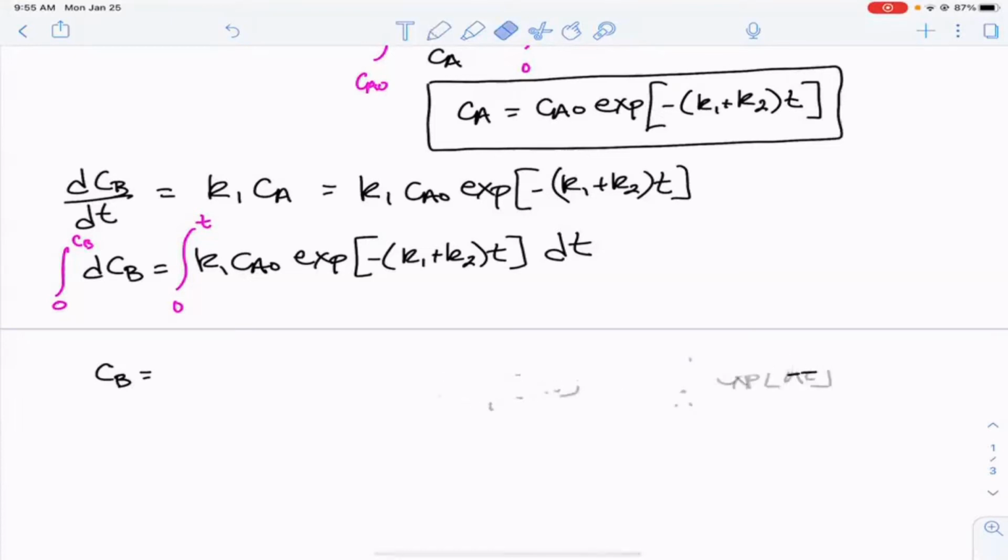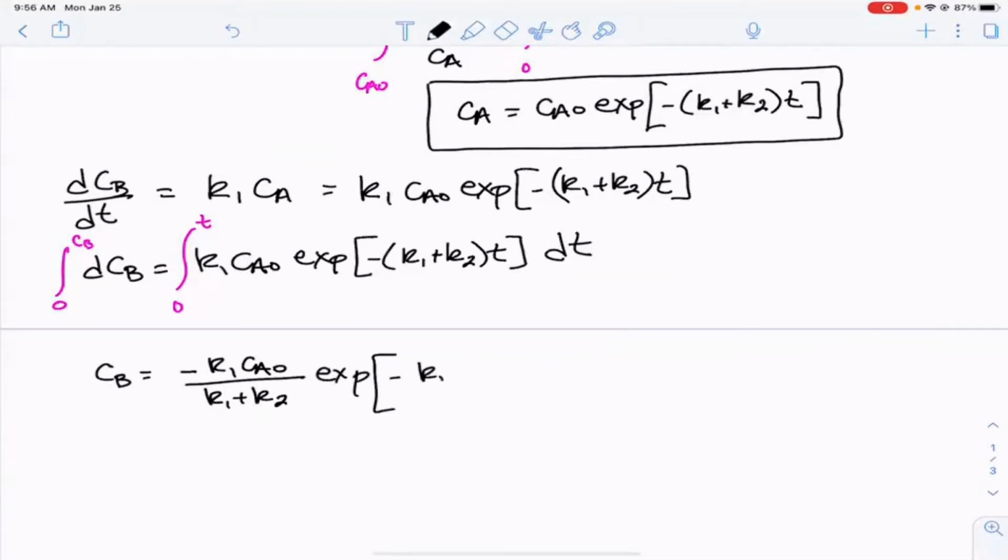So we're going to use that here, and we end up having to divide by minus (K1 plus K2). And so we find then that this is equal to minus K1 CA0 over (K1 plus K2) times the exponent of minus (K1 plus K2) times time, evaluated from 0 to t.